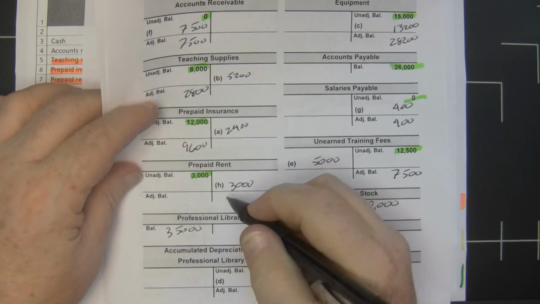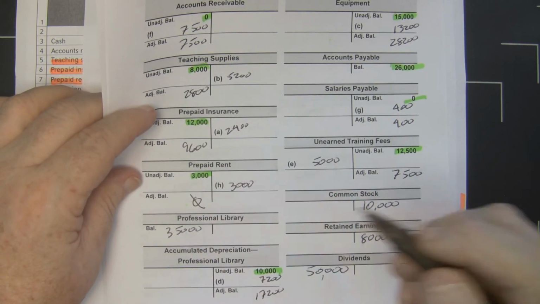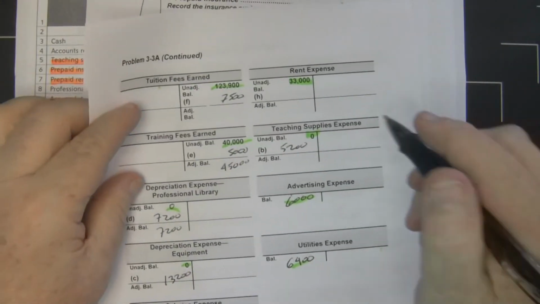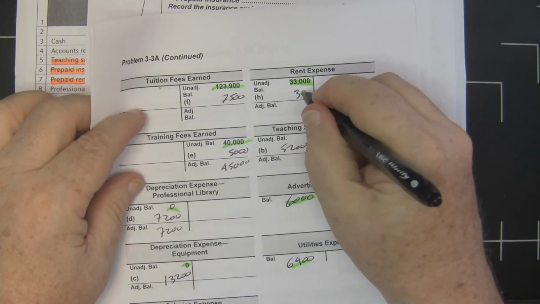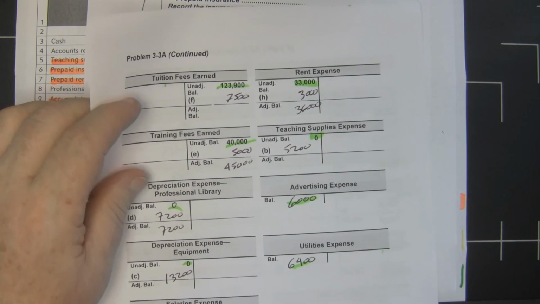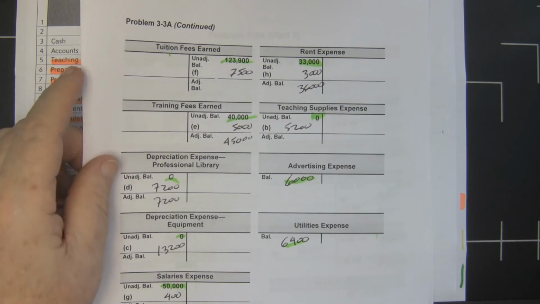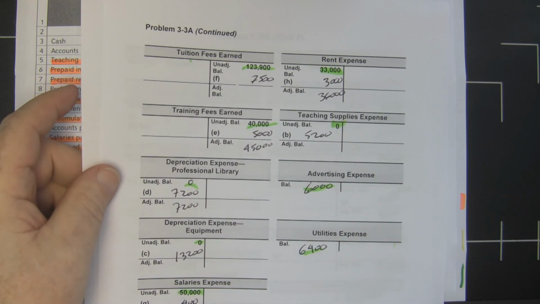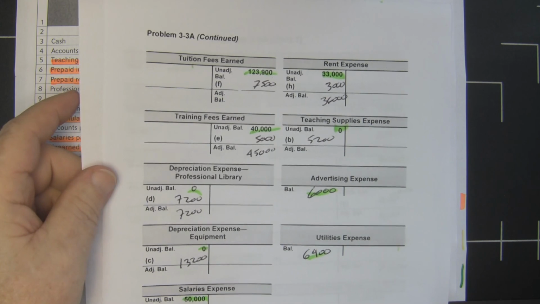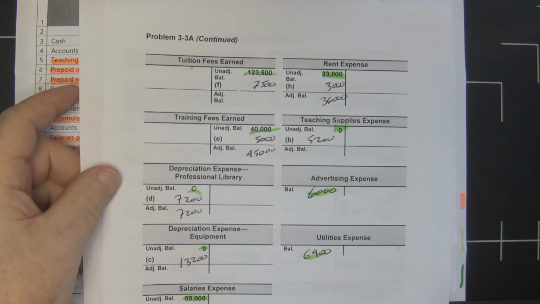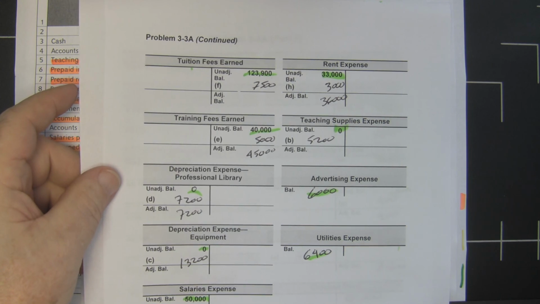So I'm going to credit the prepaid rent. That brings it to $0. And I'm going to debit my rent expense. After all of those adjustments, I have created an adjusted trial balance. I just need to go take those numbers and put them in the adjusted trial balance.